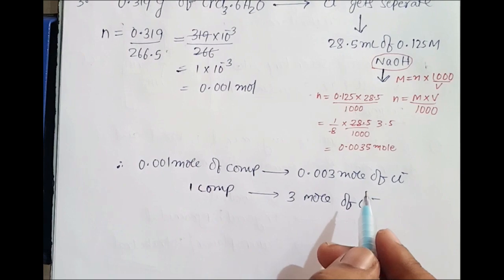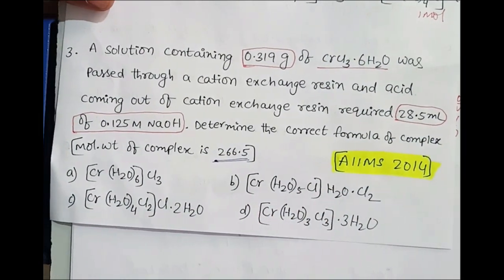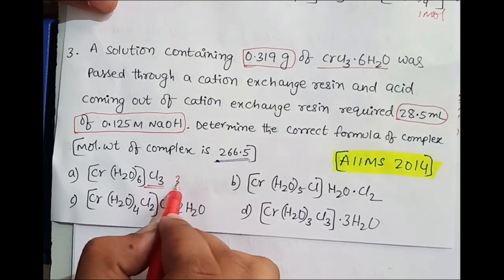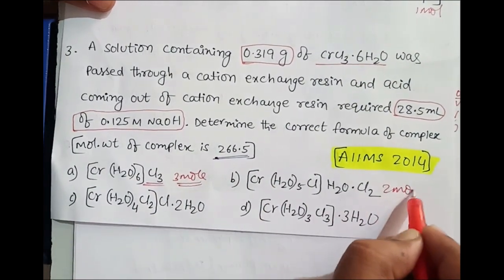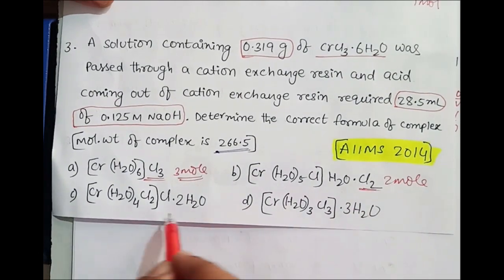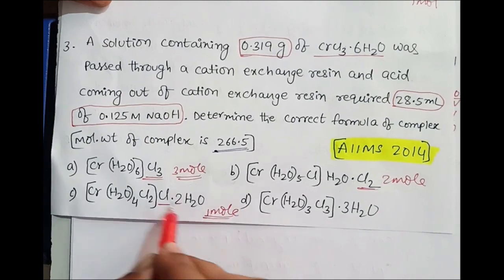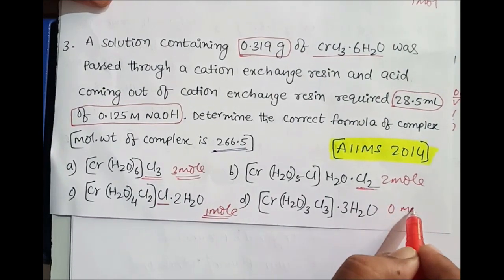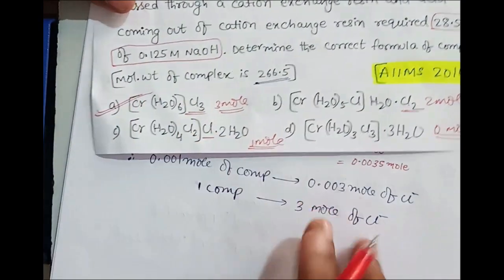So now we have to check the options. Here we will get 3 moles of chloride ions. Here only 2 moles of chloride ion because 2 chloride ions are present outside. Here only 1 mole of chloride ion because 1 chlorine is outside. Here 0 moles. So the answer is A.